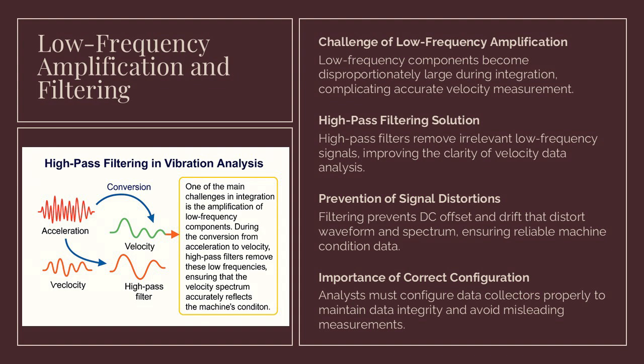These filters typically have a cutoff around 10 Hz, ensuring that structural movements or slow drift do not dominate the velocity spectrum. High-pass filtering also prevents DC offset and drift, which can distort the waveform and spectrum. Analysts must be aware of these issues and configure their data collectors appropriately to maintain data integrity.